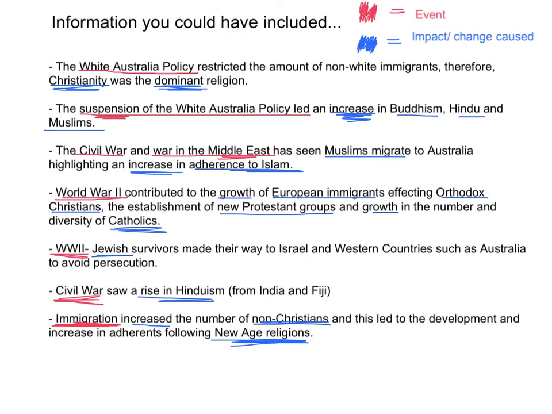For example, those who received a mark often highlighted the fact that with immigration, the number of non-Christians increased, and as a result, this led to the development as well as an increase in adherents following New Age religions. So you can see that there is a connection being made between immigration and New Age religion. Please be mindful of that and include it in order to get the mark.